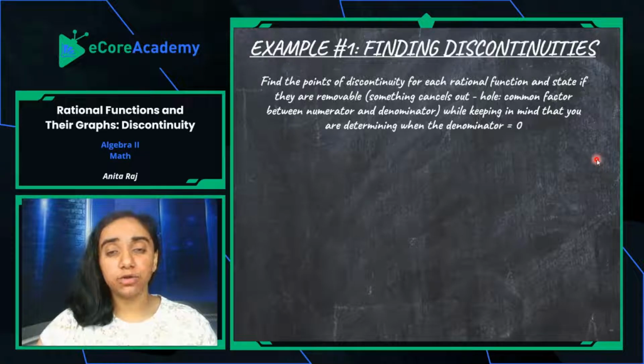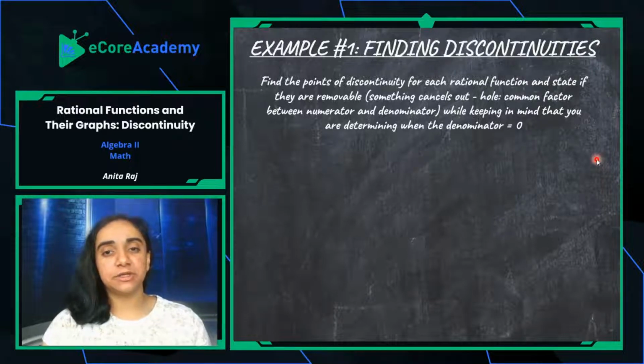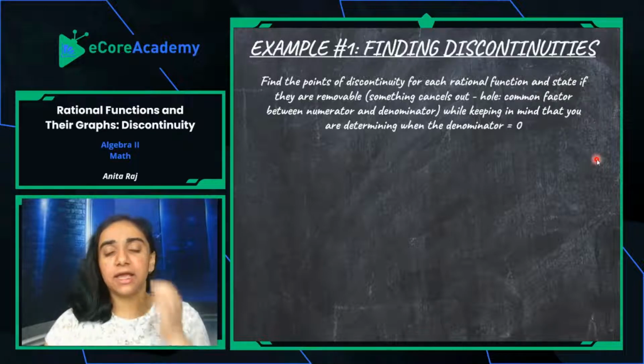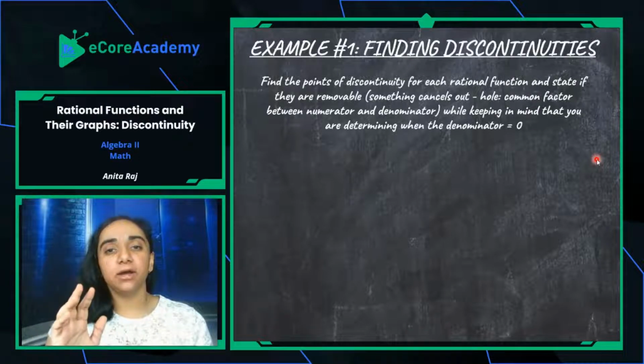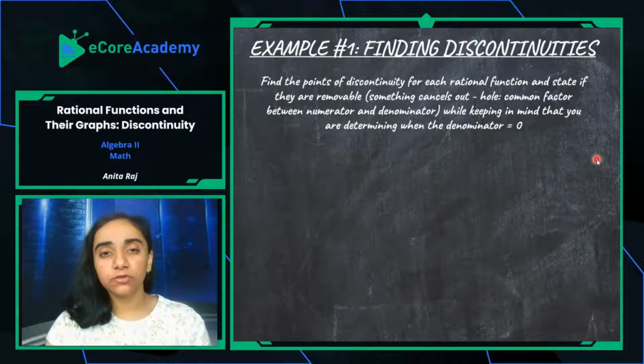It is non-removable because, as I say here, removable discontinuities are when something cancels out. That means we have a hole and there's a common factor between the numerator and denominator. When those cancel out, that means you have a hole in your function. And when you have a hole in your function, you only have a single point of discontinuity.